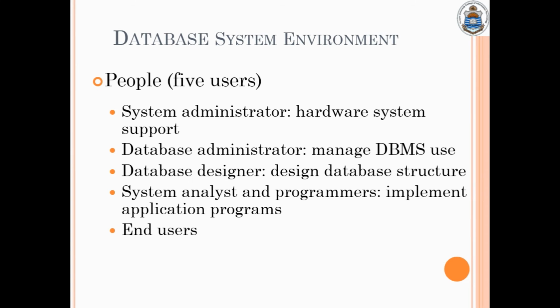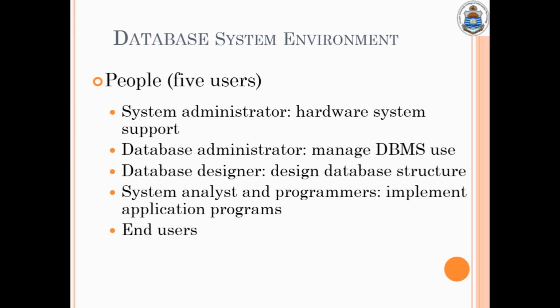The third object is the people. This part consists of 5 kinds of users. The first one is the system administrator, who controls the hardware system support. The second one is the database administrator, who manages the DBMS use.